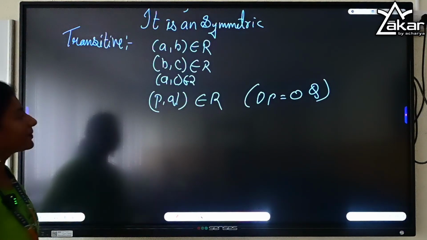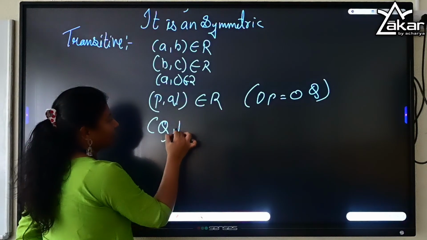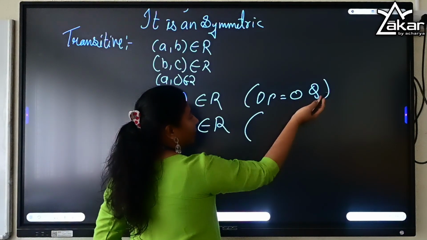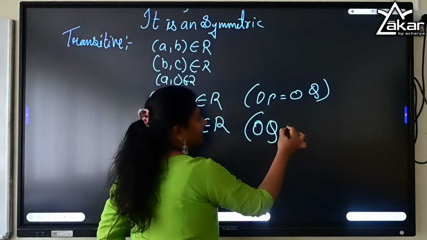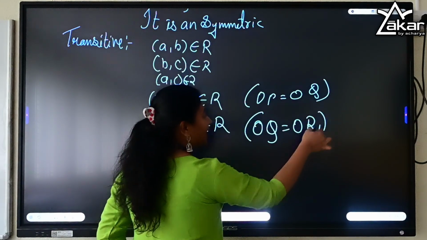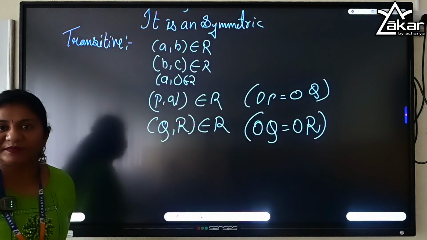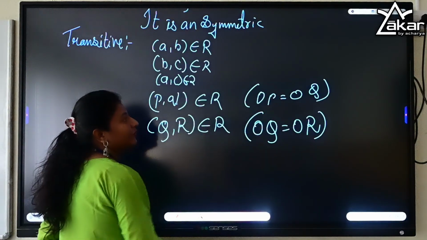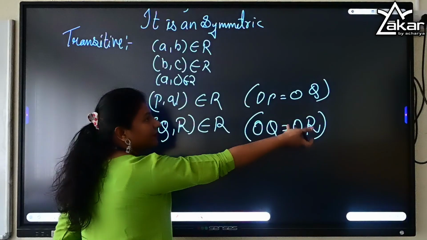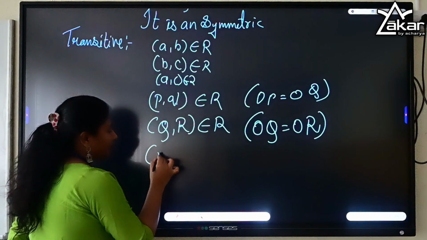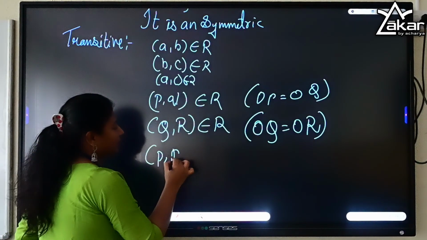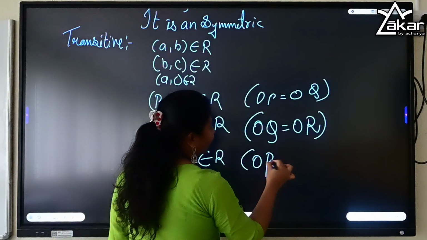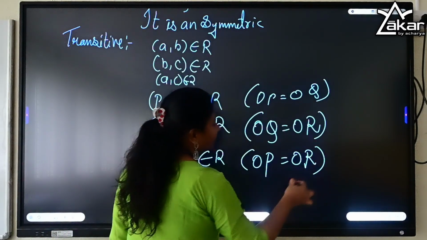If Q comma R belongs to R, this OQ has 10 centimeters, so obviously OR also has the same 10 centimeters. So if OQ is equal to OR, that is P comma R belongs to R, we can directly say that OP is equal to OR.